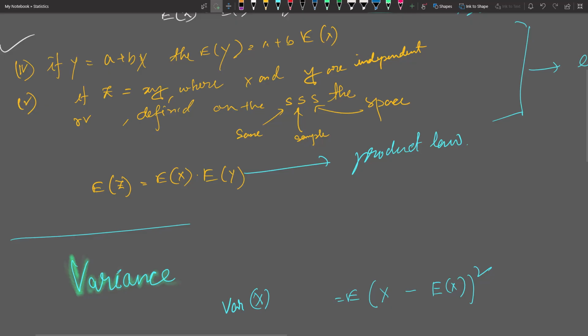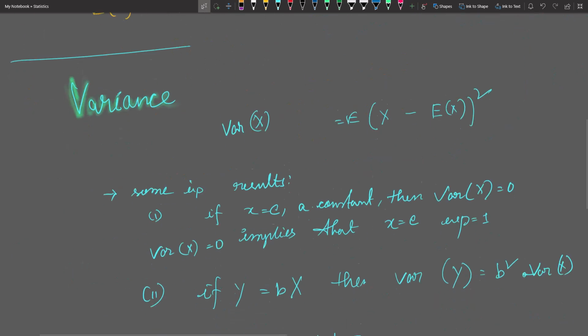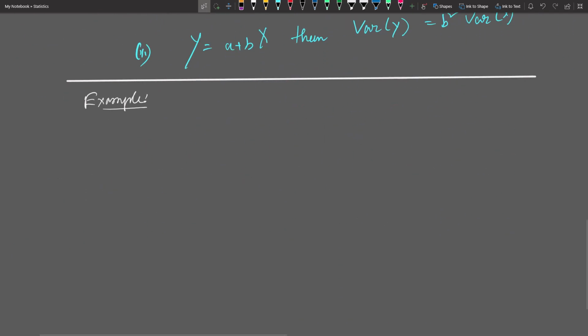This is, if Y is equal to a plus bX, then the expectation of Y is equal to a plus b expectation of X. So let's prove it.